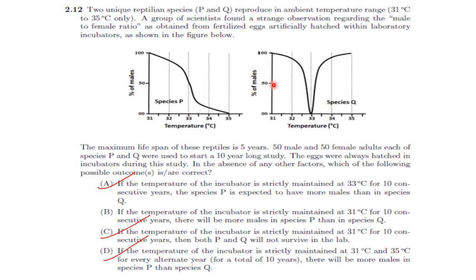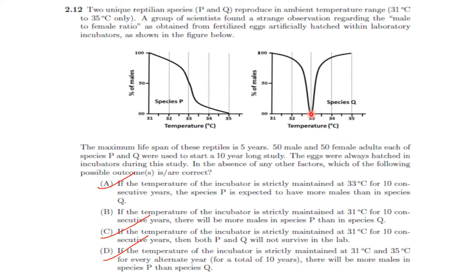But what is happening to species Q is at 33 degrees Celsius, there are no males. So, no males but 100% females will be present, because they have given only the percentage of males here, not the percentage of females. But they have taken both male and female species for their studies.